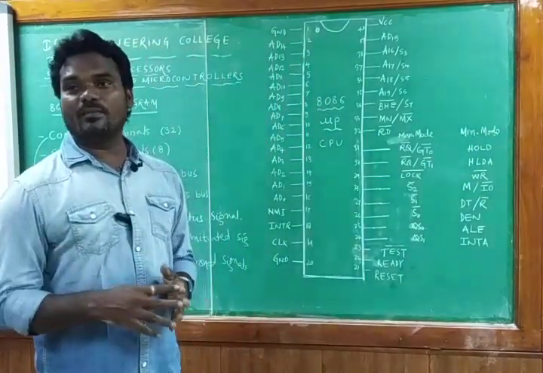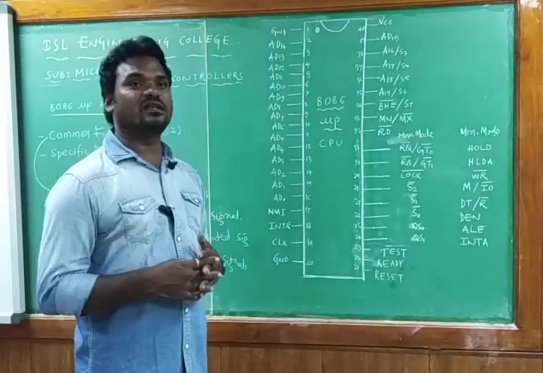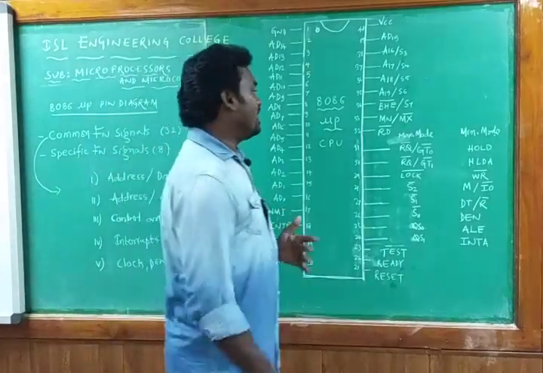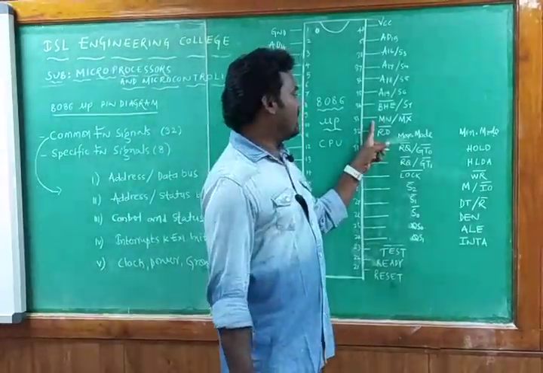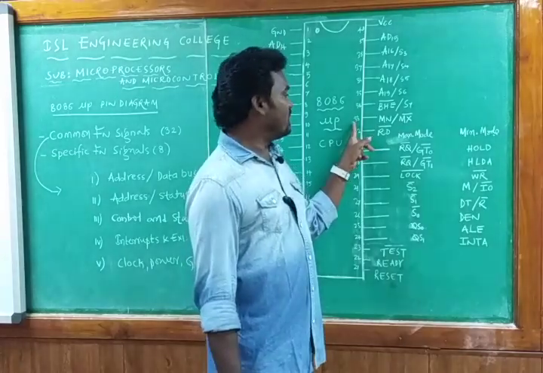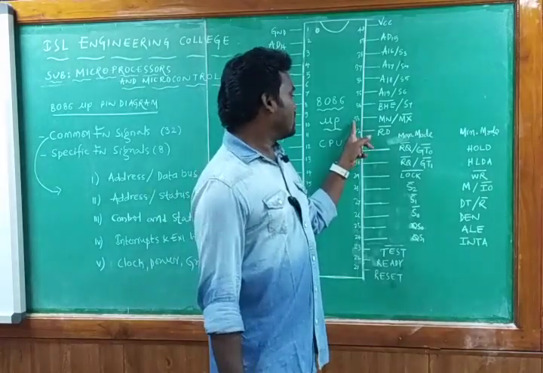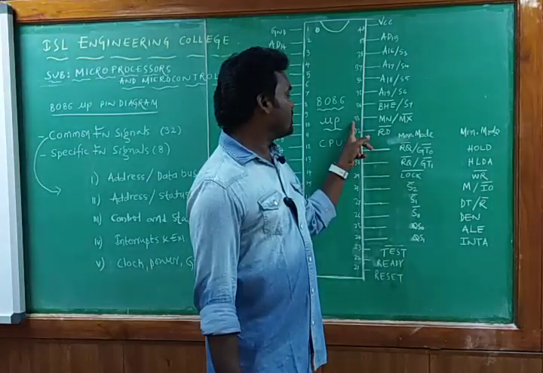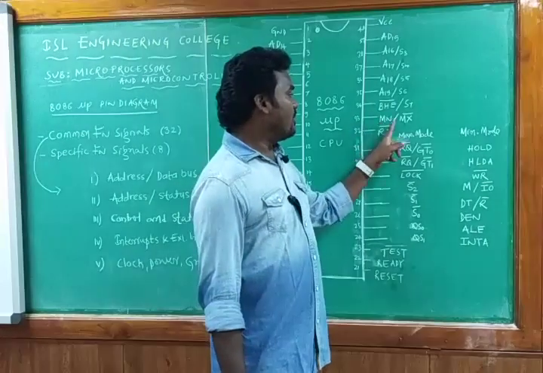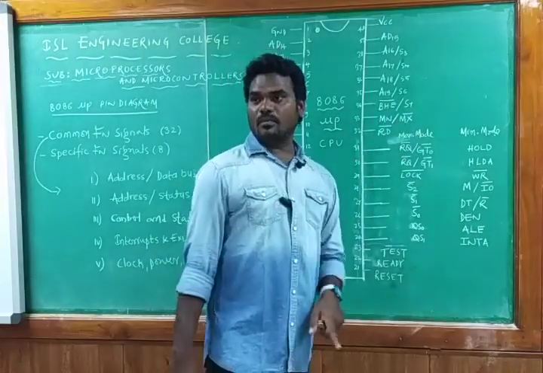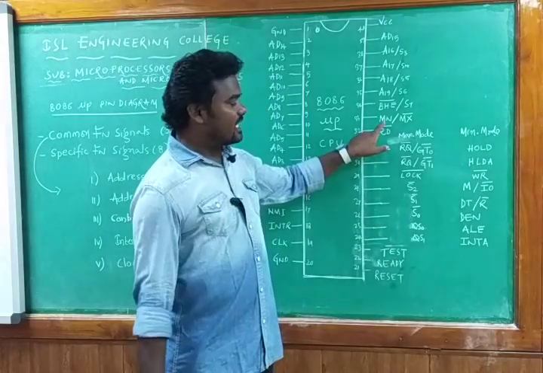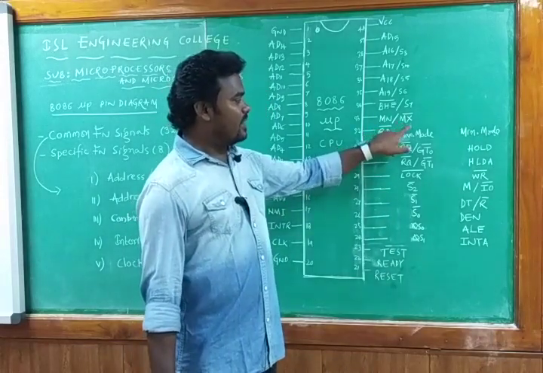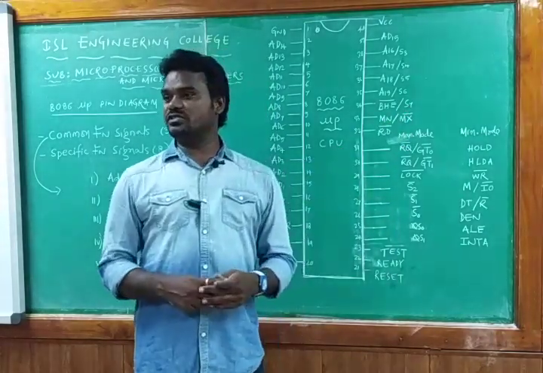The minimum mode and the maximum mode of operation will be decided by a particular pin. That pin number is 33, an input signal named MN/MX bar. MN is an active high signal and MX bar is an active low signal.